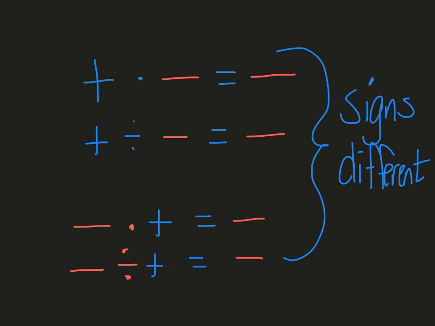All right, if your signs are different, positive times a negative, your answer is negative. Positive divided by a negative, your answer is negative. And then negative times a positive is negative. Negative divided by a positive is negative. So the only thing different than what you're used to seeing is I included the division. So if your signs are different, your answer is negative.